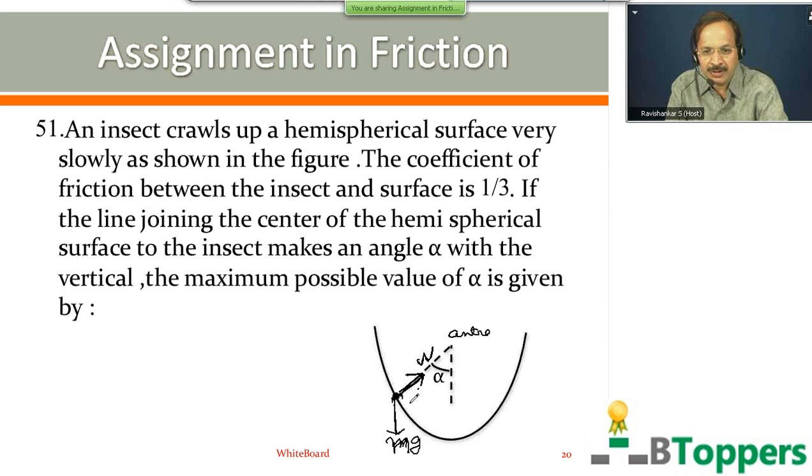It is about to slide down, therefore it will be in limiting equilibrium. So the limiting friction acts up along the surface. In the free body diagram, we can show the limiting friction acting almost along the tangent to the surface.